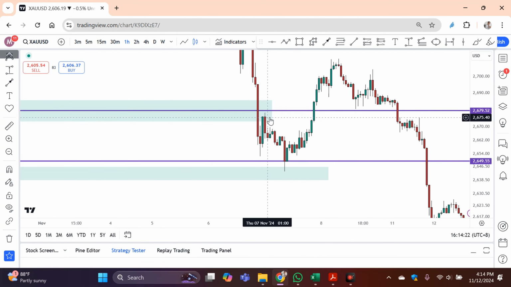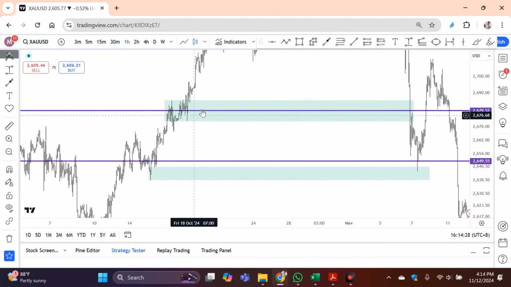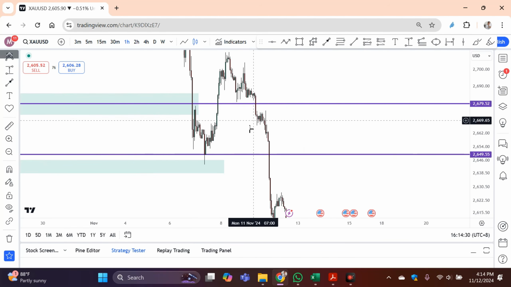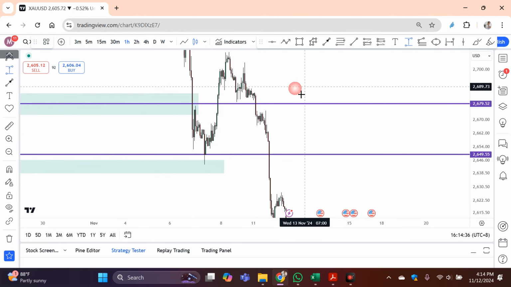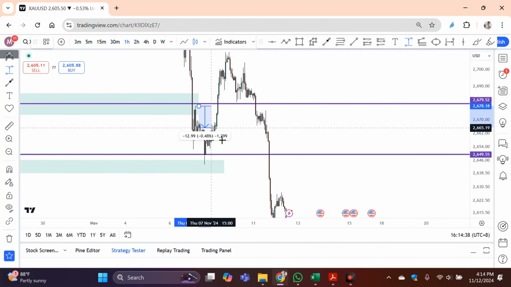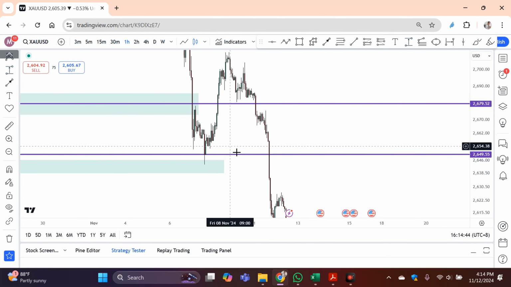This is what we call a swap zone. The zone has been swapped. It was supposed to be a demand zone. Now it becomes a supply zone, and it is going to give you significant movement as well. If you don't believe me, we take a measurement. The movement is worth over 300 pips. Are you satisfied with over 300 pips?